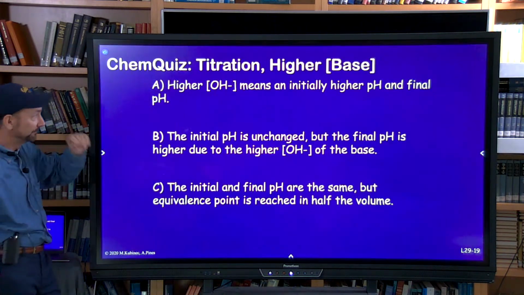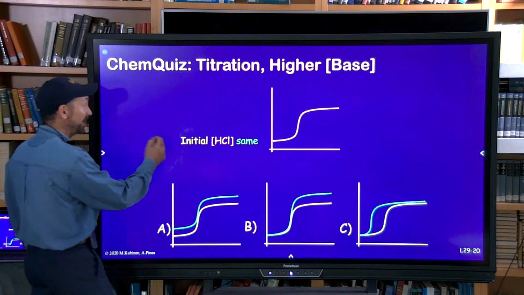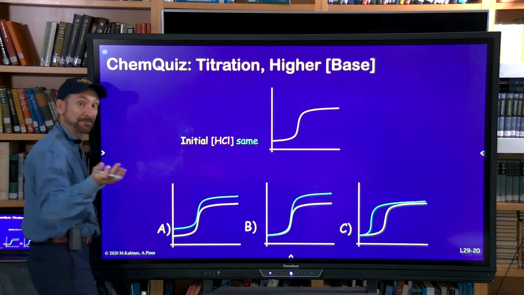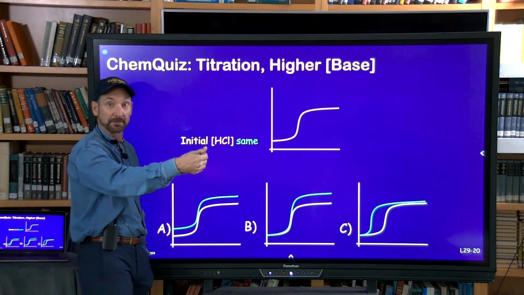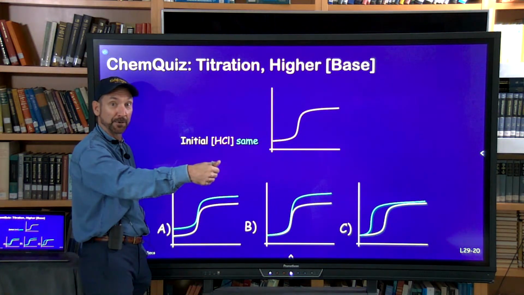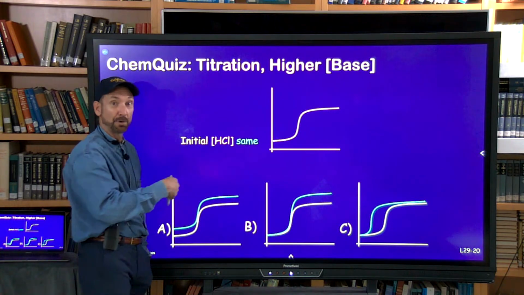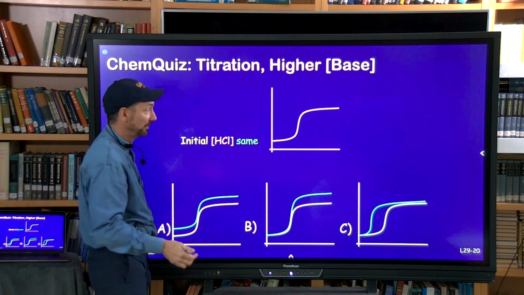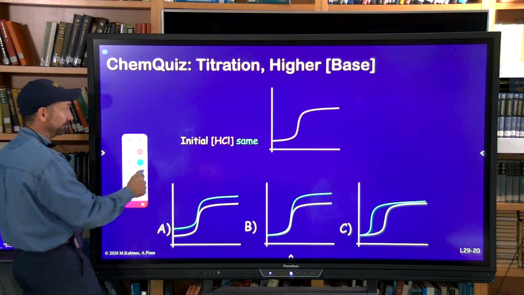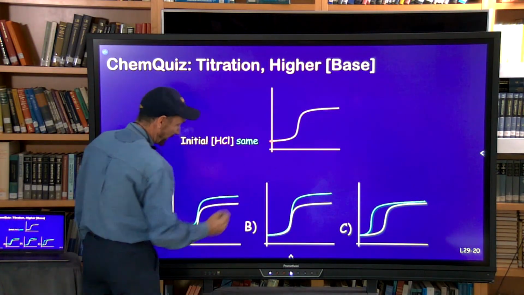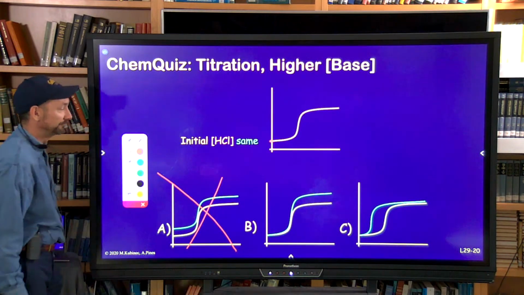Why is that? Well, I'm going to titrate the same solution twice. I'm going to titrate the HCl once with 0.1 molar NaOH, then again start from the beginning with 0.2 molar NaOH. So the initial point is the same. That rules out A altogether.